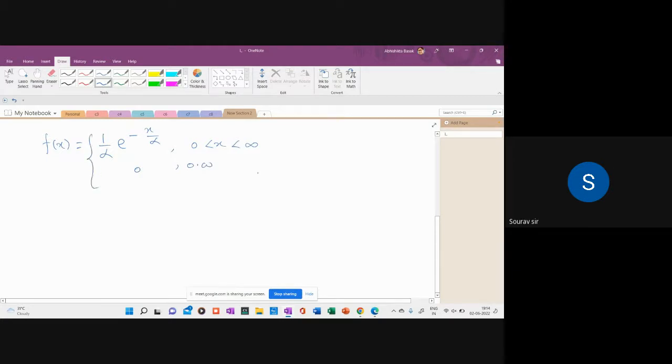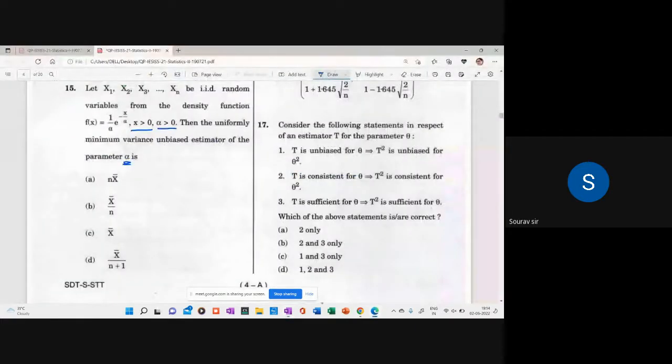This is my f(x), where alpha is greater than 0. This is what is given, and I need to find the uniformly minimum variance unbiased estimator, that is UMVUE. First of all, I need to seek an unbiased estimator, and then I need to show whether it has the minimum variance or not.